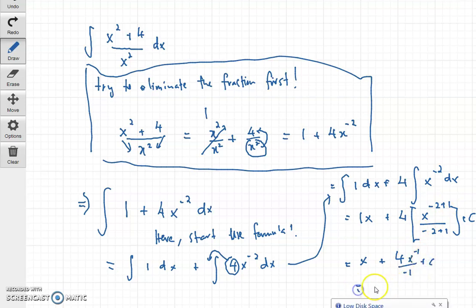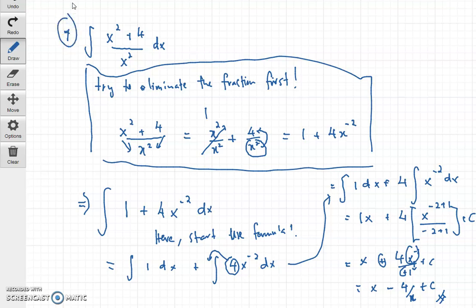Simplify it: you get x, and positive and negative gives negative 4. The x you bring back to the bottom, so you get positive 4 over x plus c. This is your final answer for question number 7.